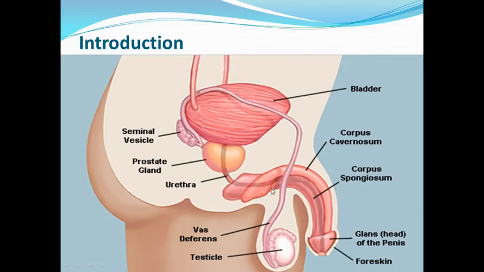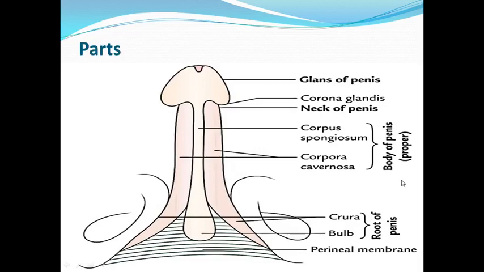The fixed or attached part is the root, whereas the free part is called the body of the penis.